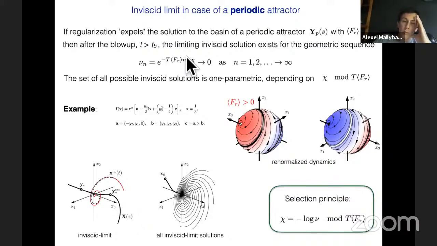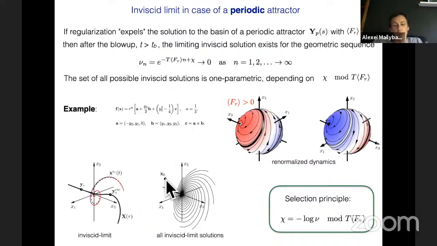And more than that, we show that these subsequences converge to different solutions for different chi. For different parameters, you can converge to different solutions. And this picture below shows the orbits for different choices that you can obtain in this way.